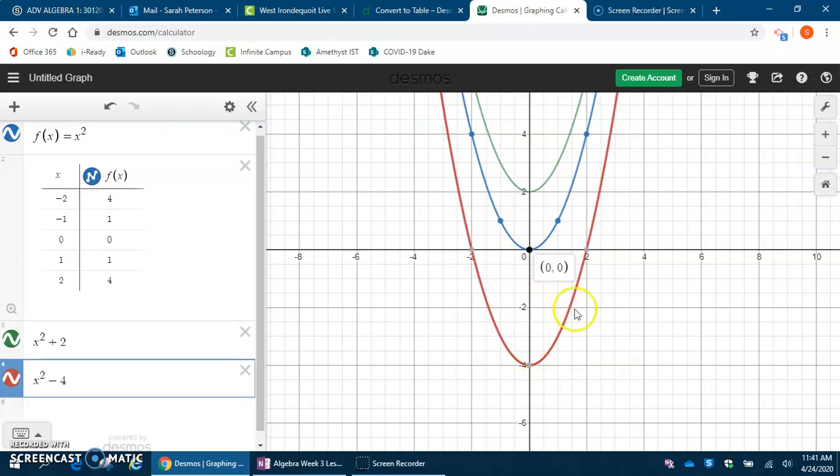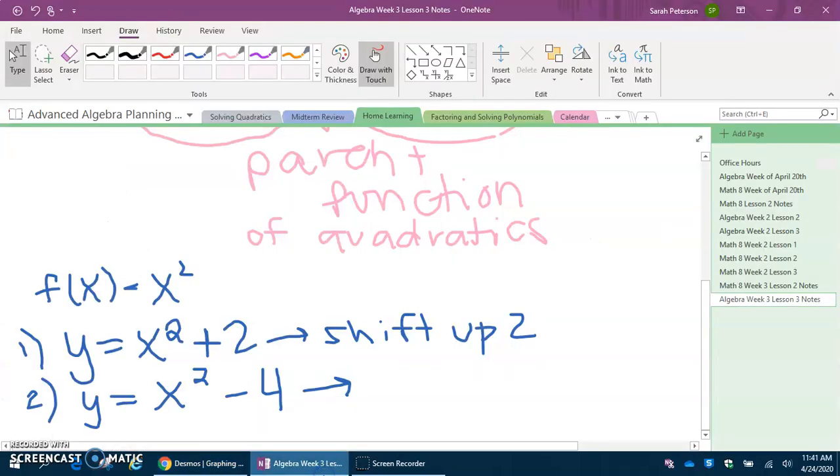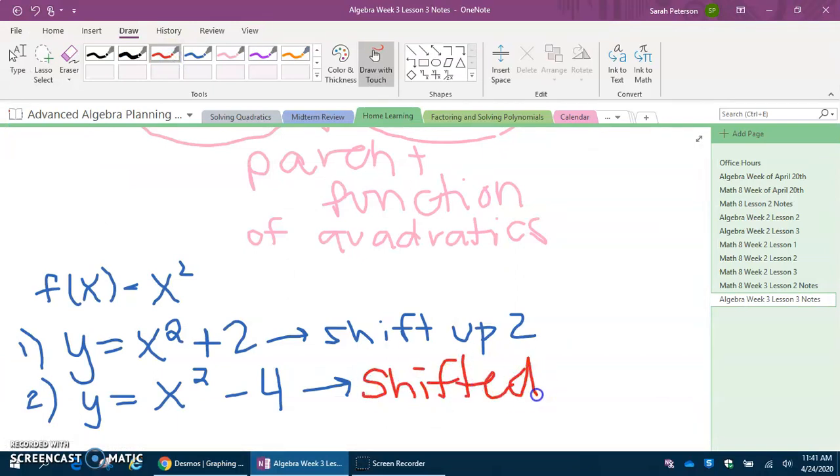So it looks like I just took that blue parabola and literally shifted it down 4 units. So this means I shifted down. Nothing else changed. It's just telling me where it's going along my y-axis.